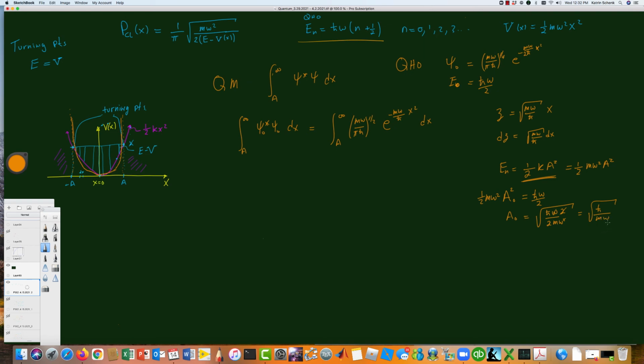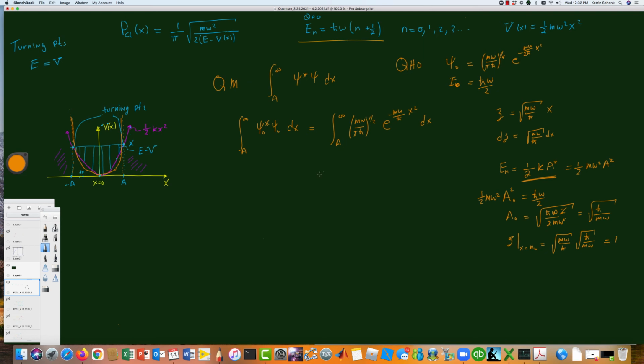Notice that if we put that value in, what is c at x equal A0? Well, it's the square root of m omega over h bar times the square root of h bar over m omega. That's A0, at x equal A0. And you just get 1.